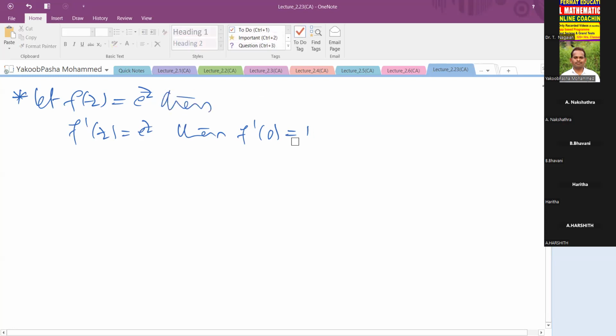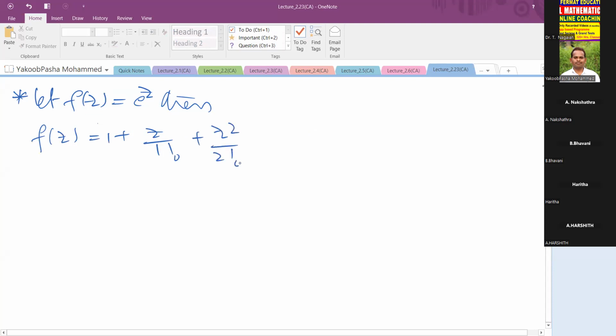That means f of z, directly we can write, as we discussed in real analysis, f of z can be represented as 1 plus z by 1 factorial plus z squared by 2 factorial plus z cube by 3 factorial plus and so on.